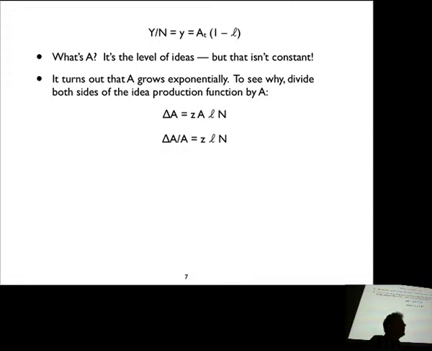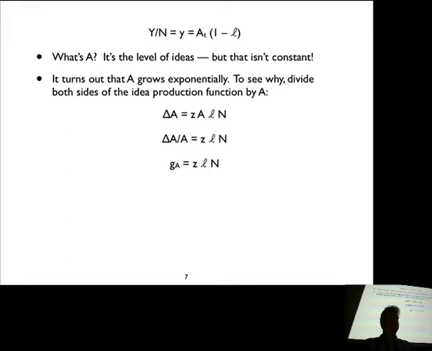Well, I'm taking what I know, which is this line, and trying to figure out something about what I need to know using it. And it turns out that delta A over A, the change in A over A, is the growth rate of A. So it's a little bit of algebraic magic and pattern recognition.